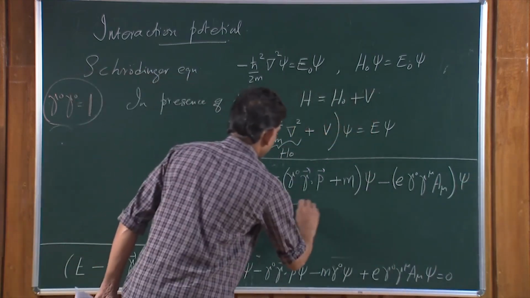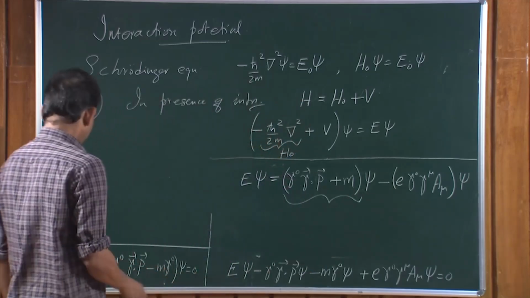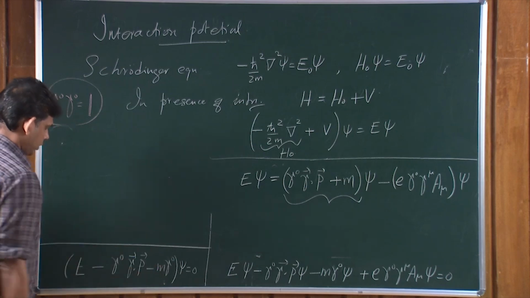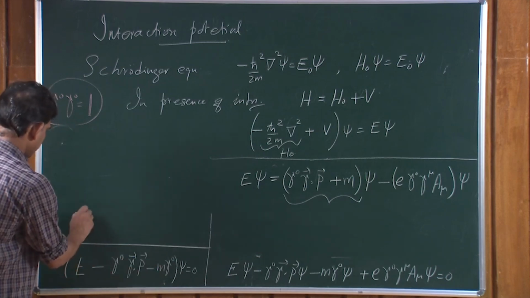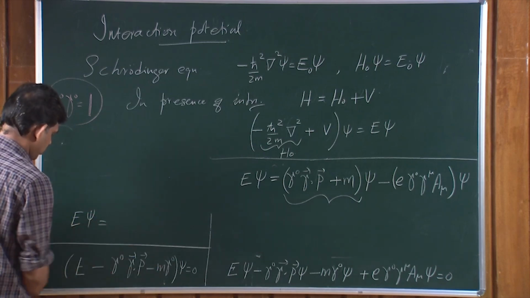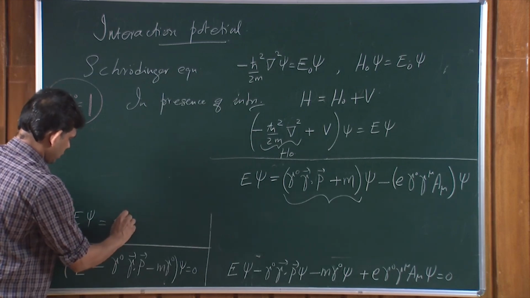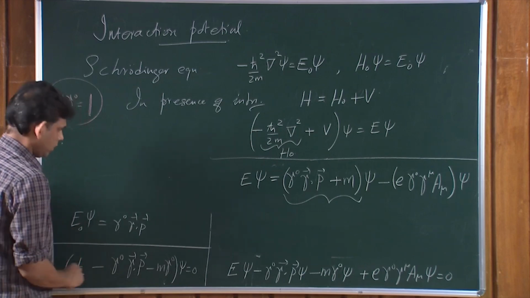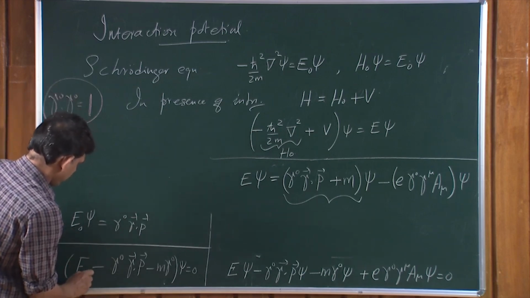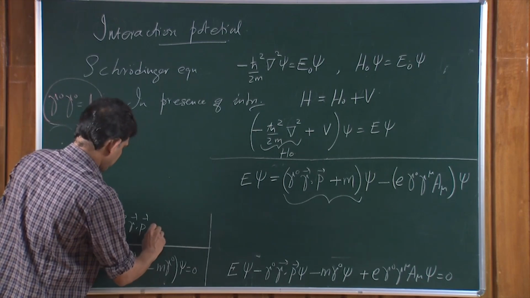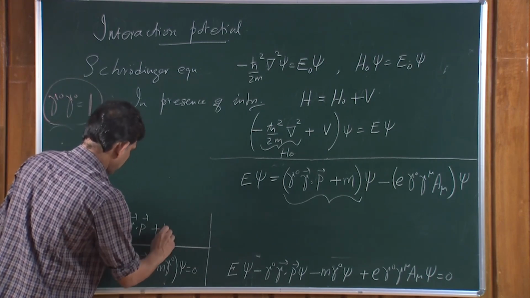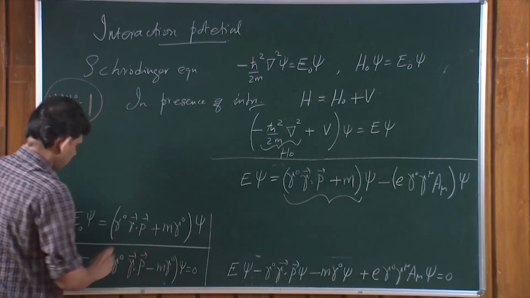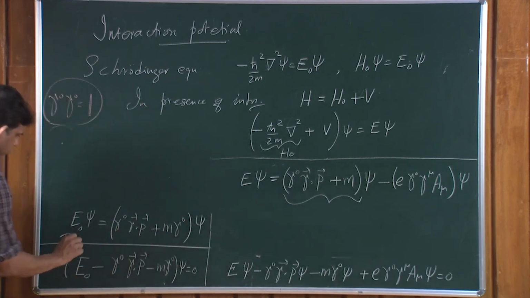So, this is essentially the H 0 part. From here we can write E psi equal to gamma 0 gamma dot P plus m gamma 0 psi, this is the free particle case. This is what it gives.